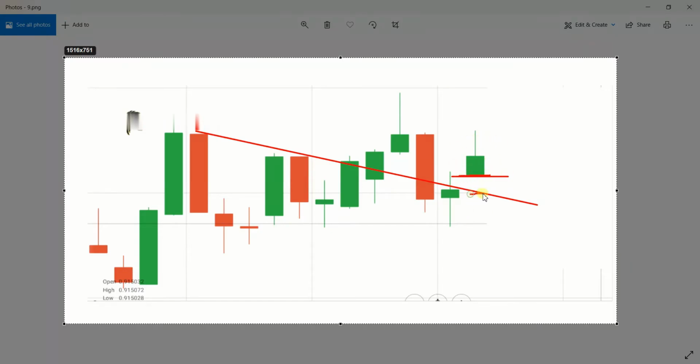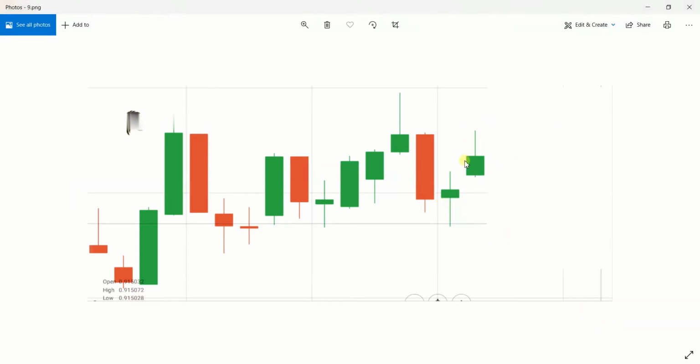If the candle opened here, then we can go with the sellers. It may go down because of these sellers, but it opened here, so we don't have any opportunity here, and we should leave this trade. Okay, so we leave this trade.